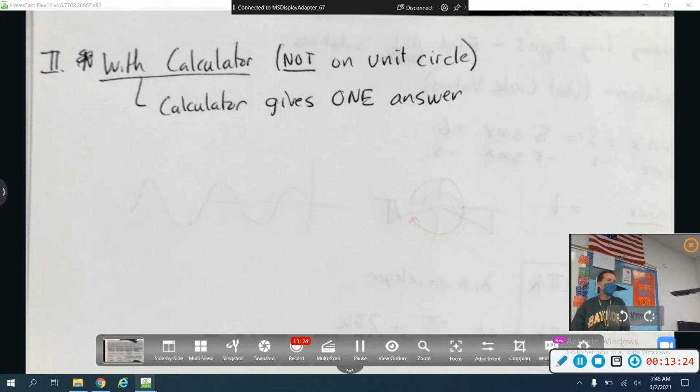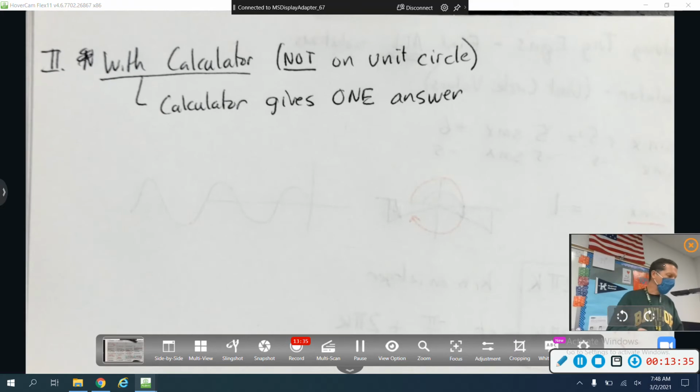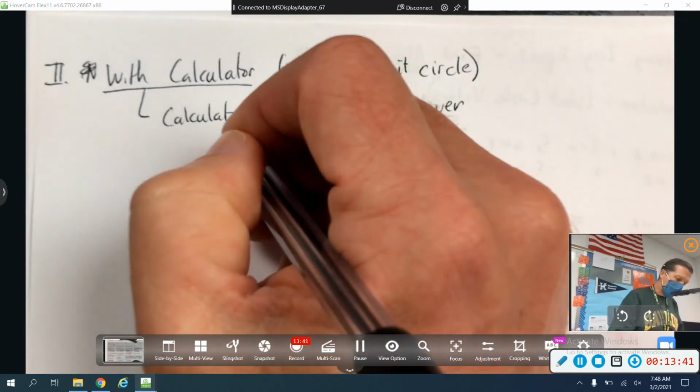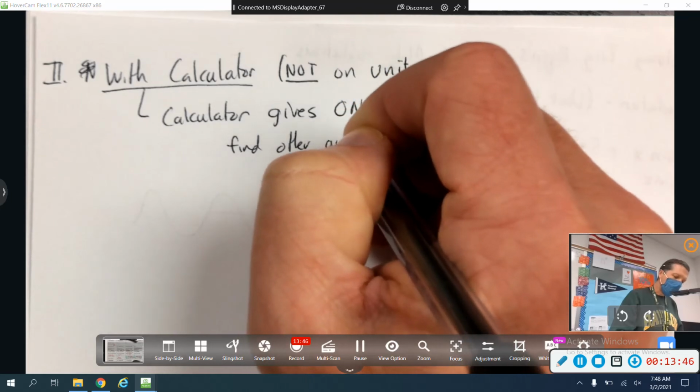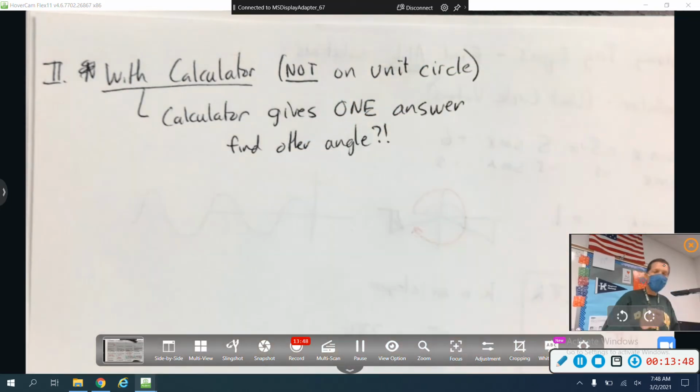You have to figure out what's the other angle. Like all of our equations before had 2 answers, and we just know the unit circle well enough to know where they are. If you're using the calculator, it can't give 2 answers. It can only give 1 answer. Your job today is to find the other angle, because the calculator can't do that for you. The calculator is smart enough to give you 1 answer, but it can't give you both answers.